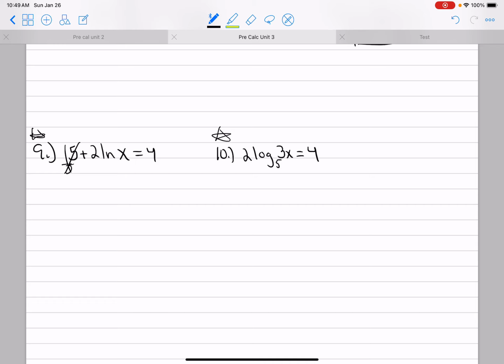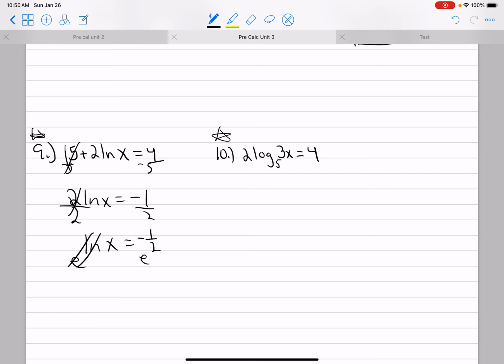Did you go minus 5? 2 ln x equals 4 minus 5, which is negative 1. Let's go ahead and divide by 2. The natural log of x equals negative 1/2. How do I get rid of the natural log? I exponentiate it with e.